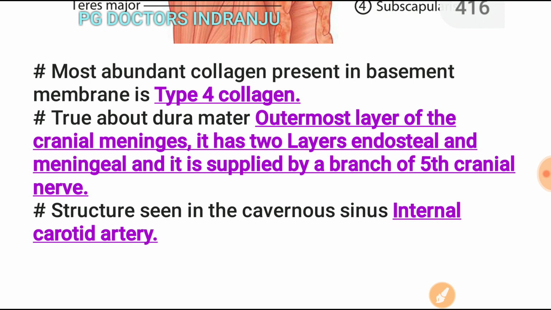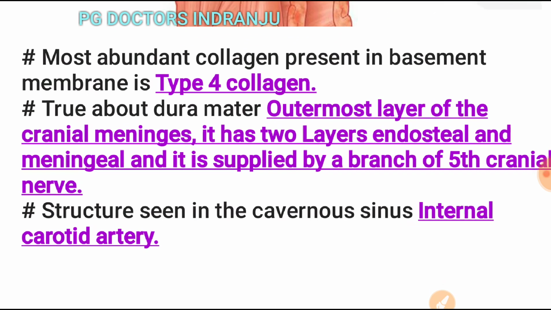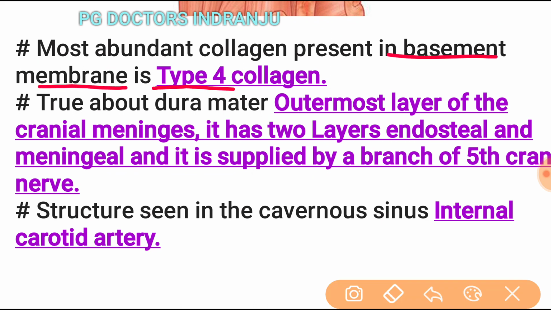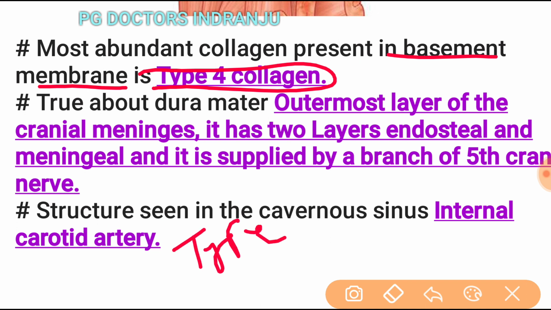Next to that, the most abundant collagen present in the basement membrane is type 4 collagen. The question arises: type 1 collagen is found in bone, which is written like ONE.